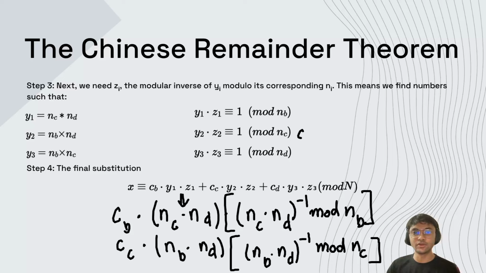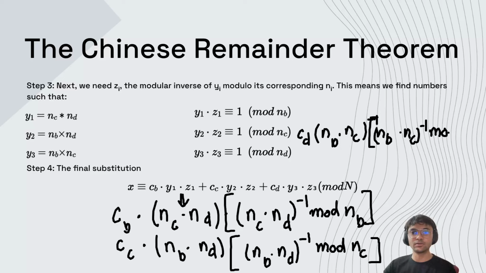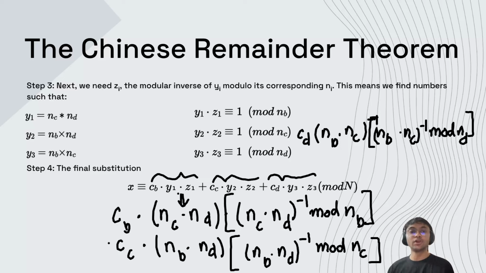The third component is CD times, we already know the value of Y3, that's NB times NC. Then we know the value of Z3, which is the inverse of NB times NC mod ND. There we have the complete substitution. Now that we've computed each of these expressions, we have reconstructed the special formula that we wanted from slide 1.